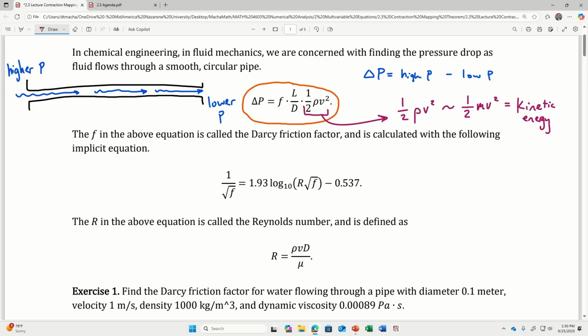So the drop in pressure is proportional to the kinetic energy. It's also proportional to the length of the pipe, because the longer the pipe, the more pressure drop we expect. It's inversely proportional to the diameter of the pipe, because a large diameter pipe makes it easier for fluid to flow.